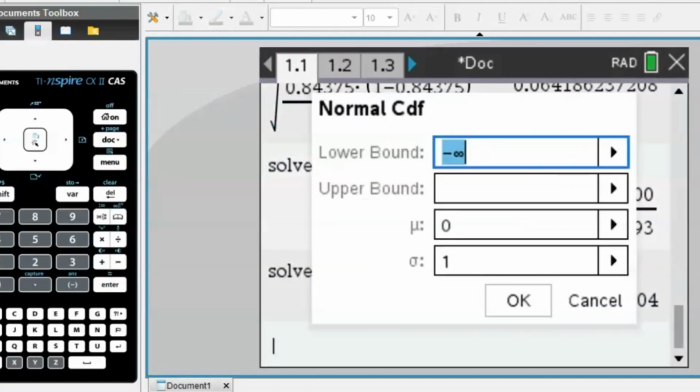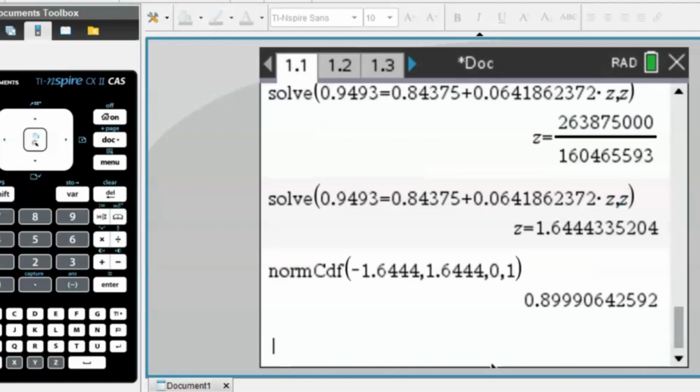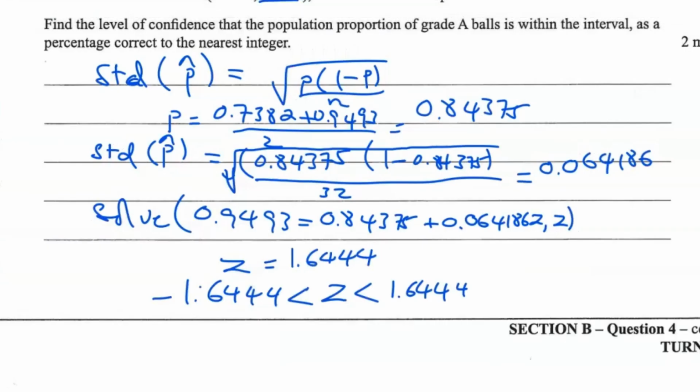So that's going to be negative 1.644 and 1.644, and that's going to be 90%. The probability of this is 90%.